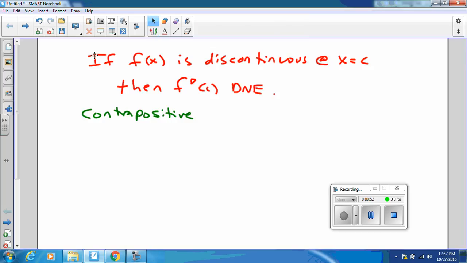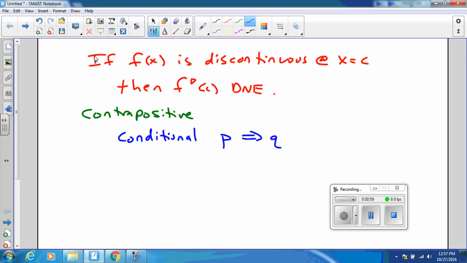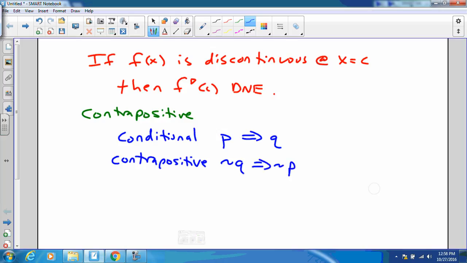Suppose I have a conditional, if P then Q. And the contrapositive of that statement is if Q is false, then P cannot possibly be true. Why? Because if P were true, then Q is true as well. So the conditional and the contrapositive are really two ways of saying the same thing.